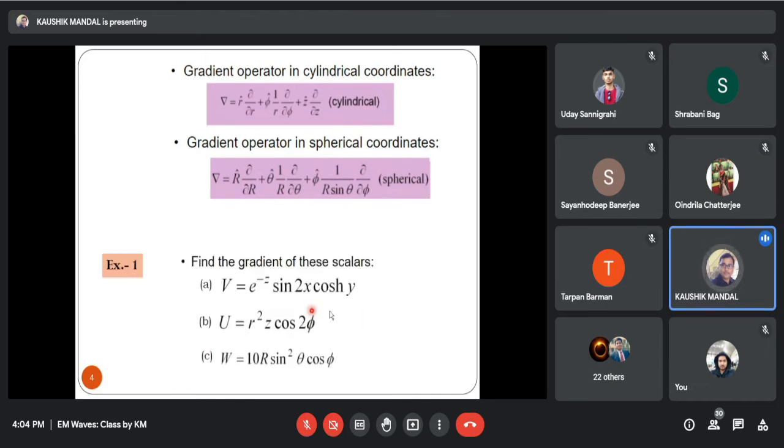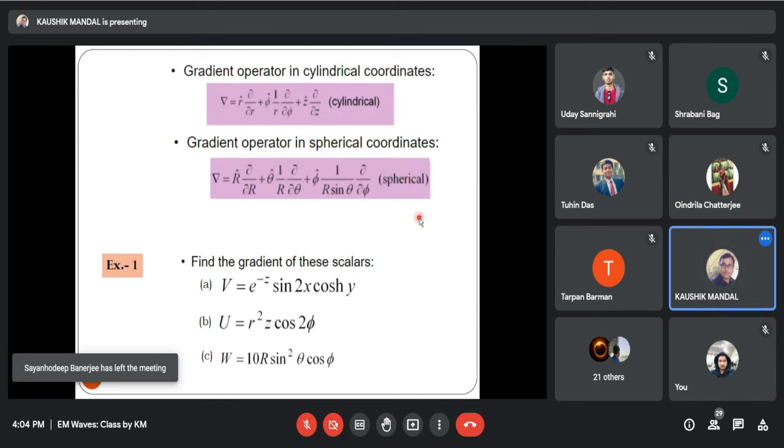So to solve this particular example, you have to find the gradient of these scalars. One is V equals e to the power minus z sine 2x cos 8y, U equals r square z cos 2 phi, W equals r sine square theta cos phi. Depending on the problem, you have to consider either the del operator in Cartesian form, in cylindrical form, or in spherical form.